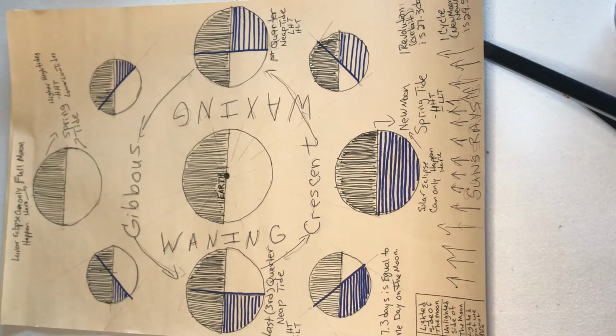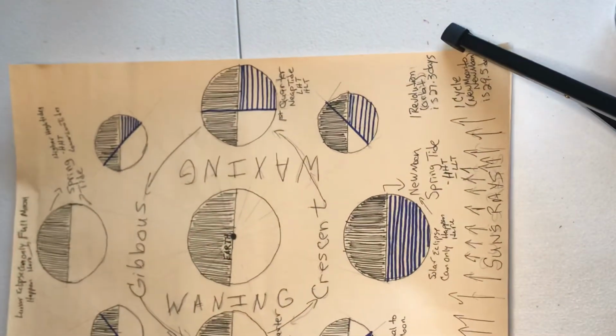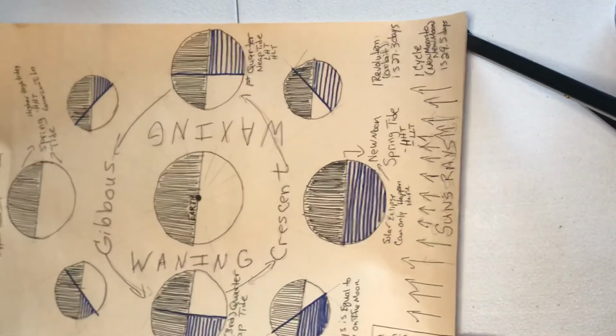First, we're going to write about the tides. And what you really need to know is that at the new moon and at the full moon, we have spring tide. So you want to just write that there at new moon and full moon, write spring tide.